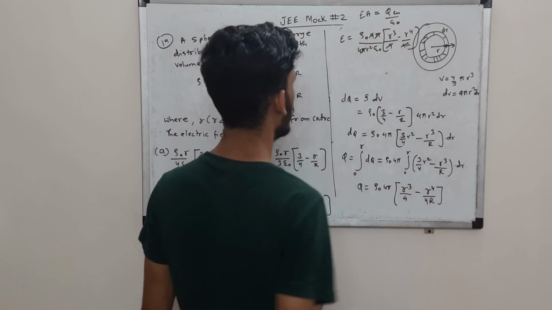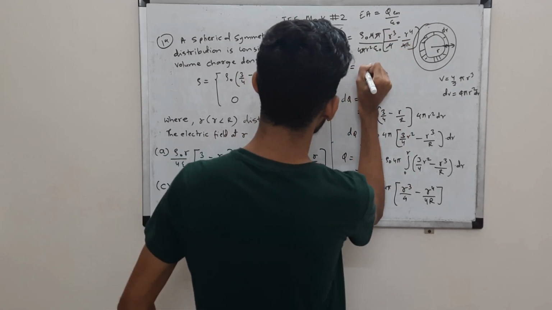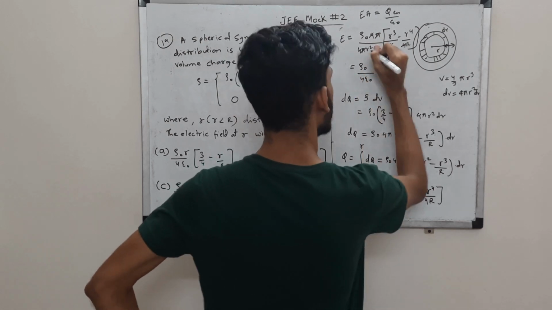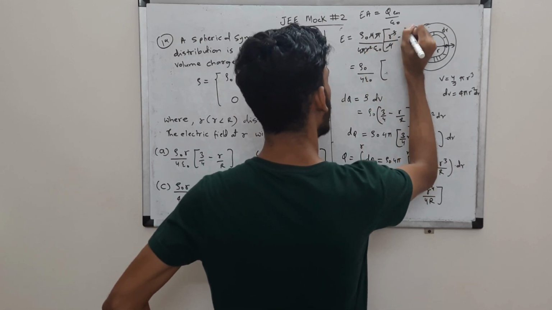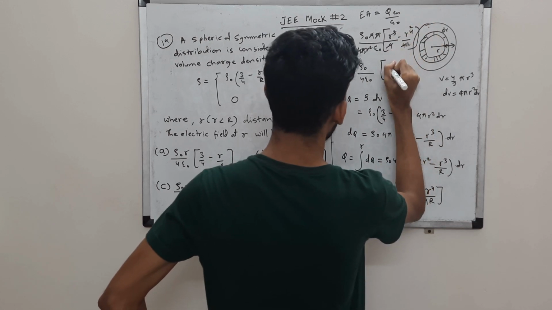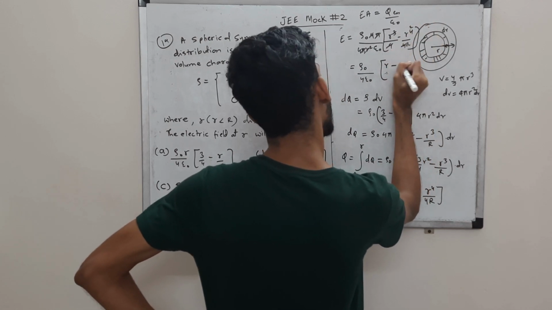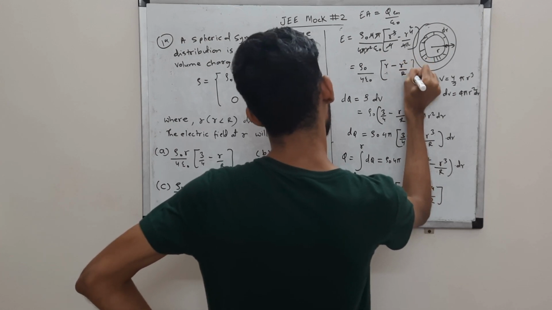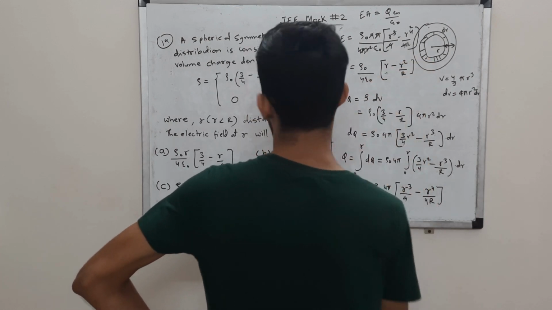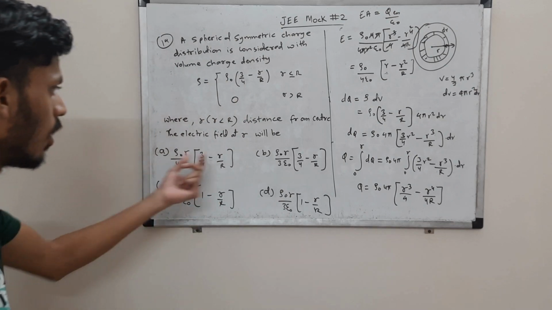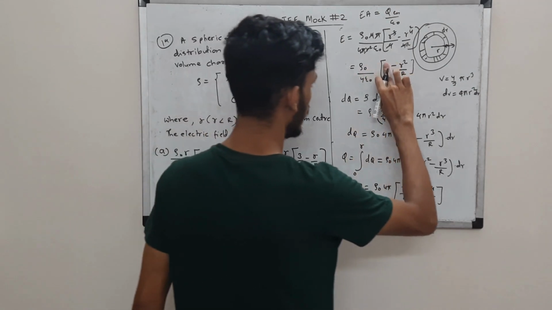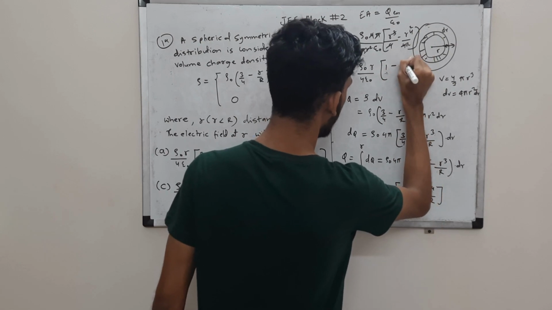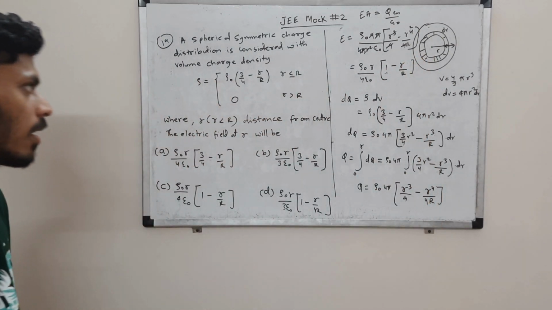So pi and pi will also get cancelled. What remains is rho naught over 4 epsilon naught, and we can cancel r square with r cube, so r will remain, and here r square by R. I think in all the options r is taken common, so let's take r common. Here we'll get 1, and here we'll be left with r.